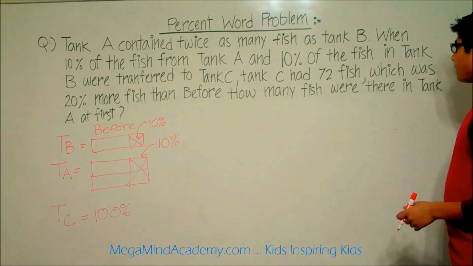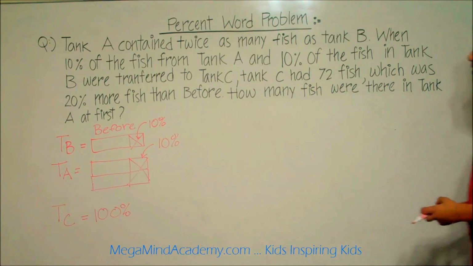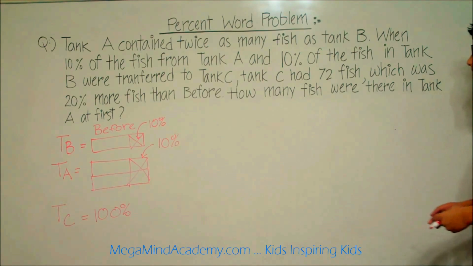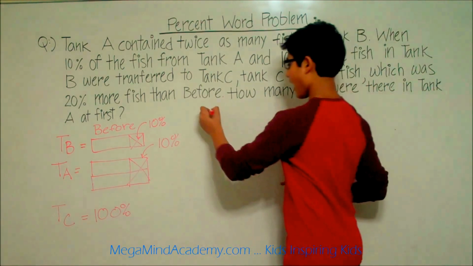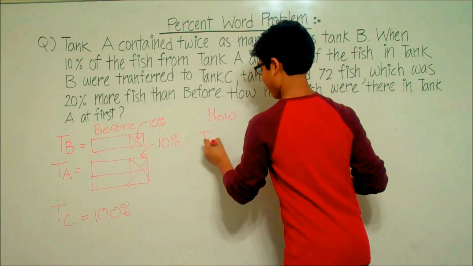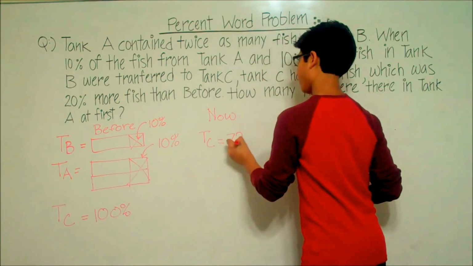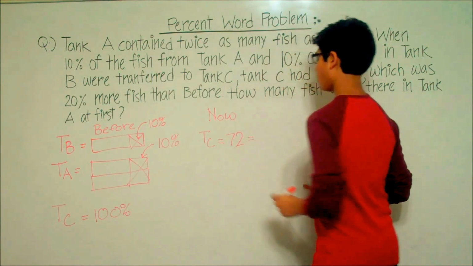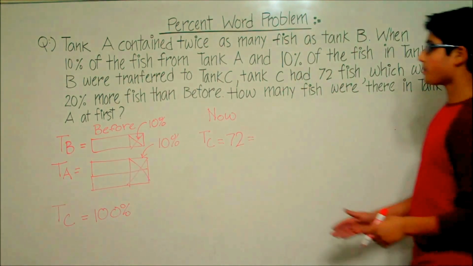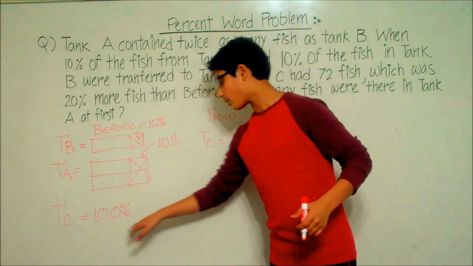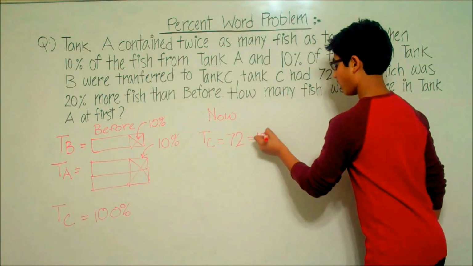Now, the problem states that Tank C now had 72 fish, which was 20% more fish than before. And we know that before, Tank C had 100%.